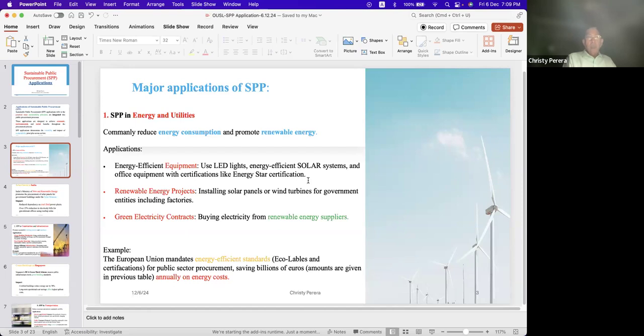Renewable energy projects: installing solar panels, yes, solar panels are also one of the renewable energy sources. Or wind turbines, yes, windmills, as mentioned in the picture, for government entities, including factories. Even factories can use it.